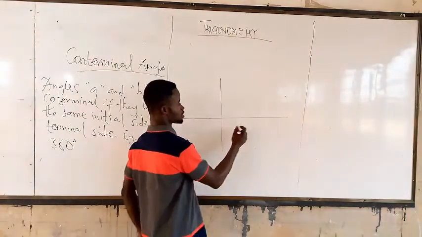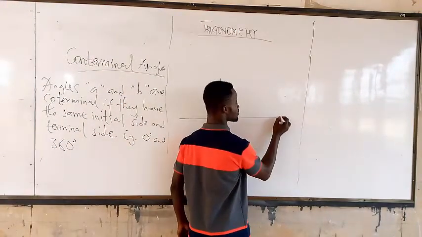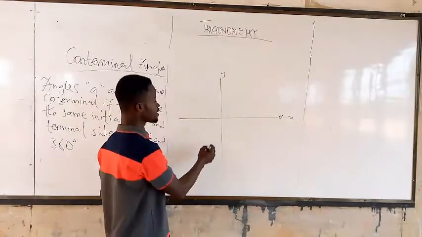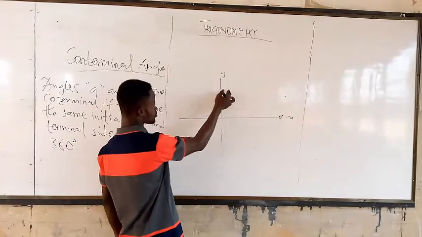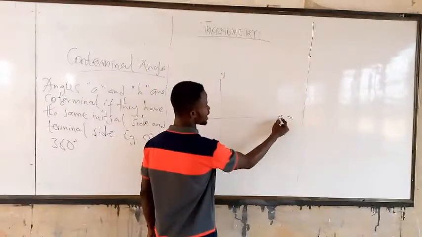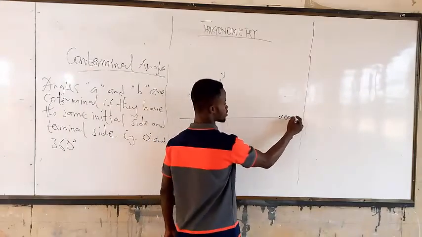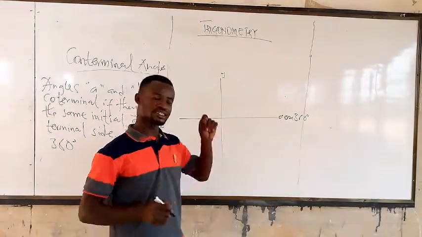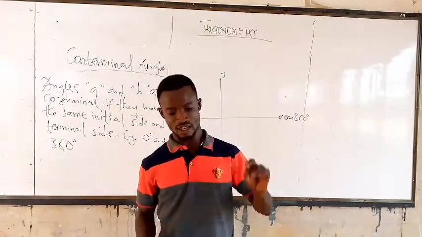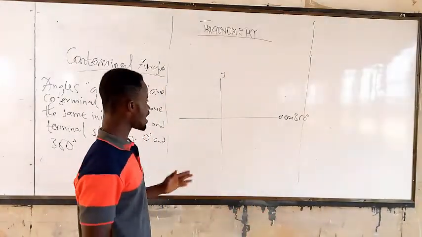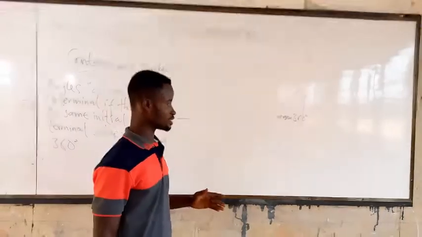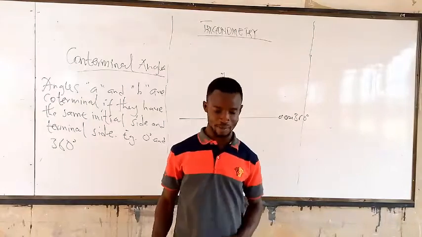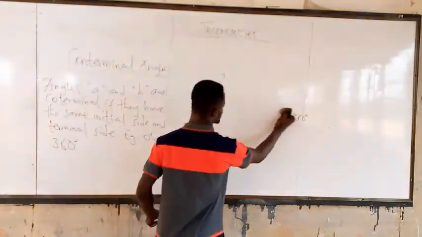Here we have this to be 0 degrees, alright? And 360 degrees up to this side. And this one too is 360 degrees. So we have 0 degrees and 360 degrees. They are of the same terminal side, so we can say that they are coterminal.